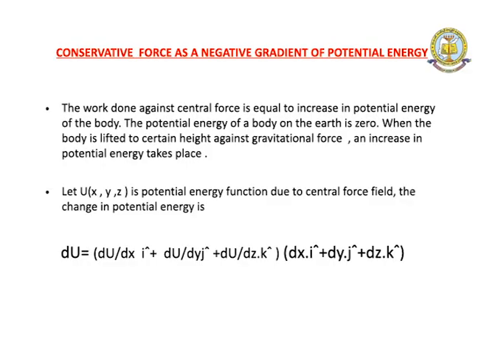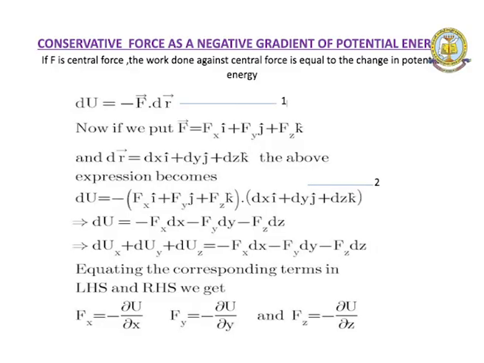The work done against the central force is equal to the change of the potential energy. Here x is our x direction, and y and z are the other directions. dU is equal to minus F dot dr, where F is equal to Fx i plus Fy j plus Fz k.